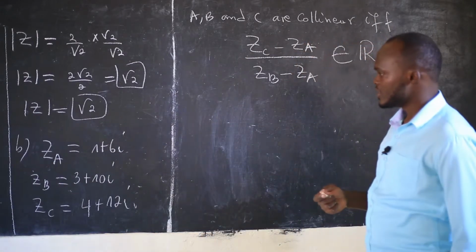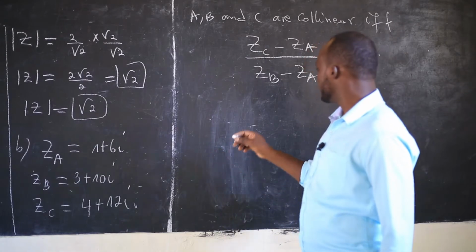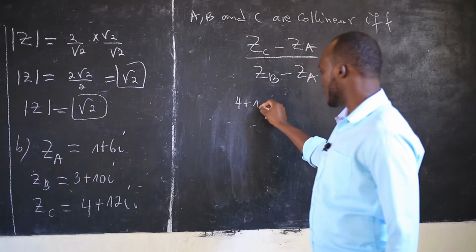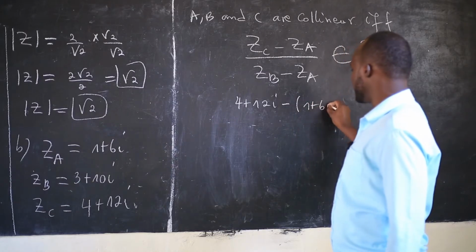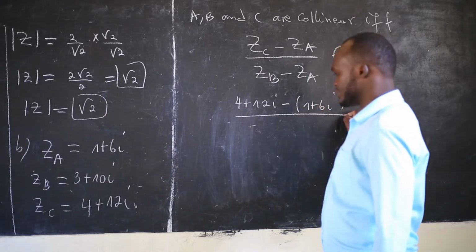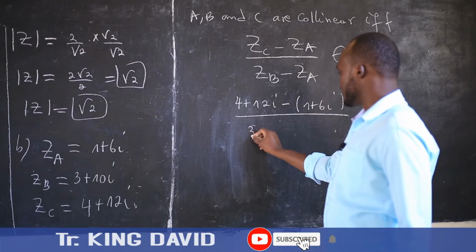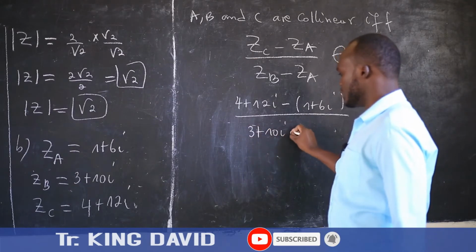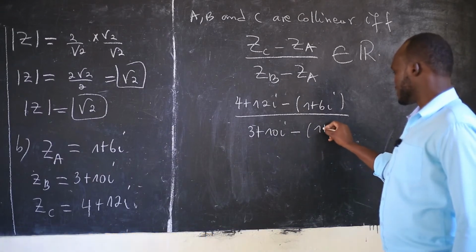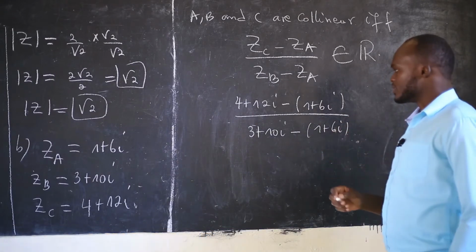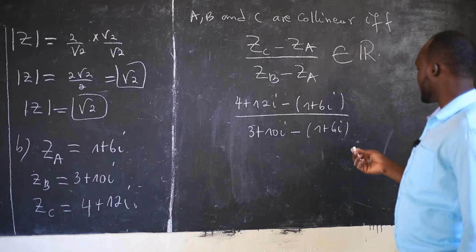So we have ZC, which is 4 plus 12i, minus ZA, which is 1 plus 6i, divided by ZB, which is 3 plus 10i, minus ZA, which is 1 plus 6i. We are going to see if it is a real number.